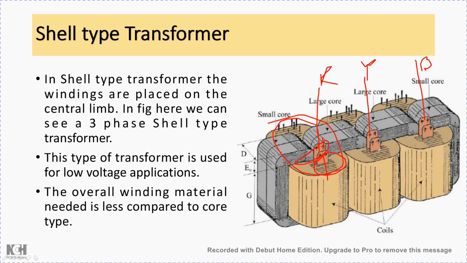But still the design is very complicated, and the maintenance is very difficult, as it is hard to reach the winding areas, so this type of transformer is very tedious to maintain. Hence it is not used for high voltage applications, but rather for low voltage applications.